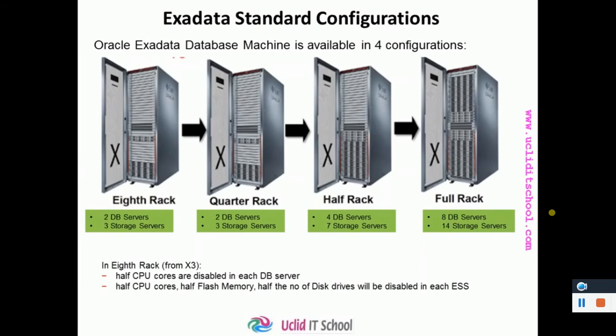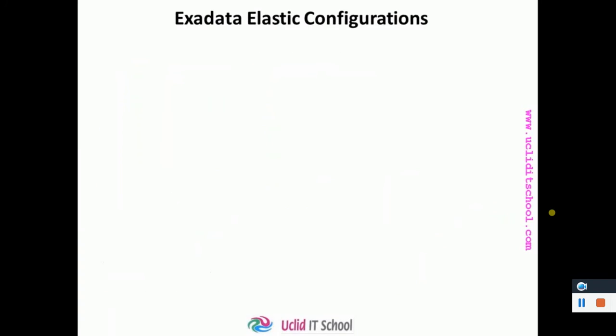Customers were demanding of Oracle, why are you fixing everything when we are paying? Let us choose what we want. So ultimately, Oracle has to listen to customers. That is where they introduced another configuration called flex configuration, elastic configuration.